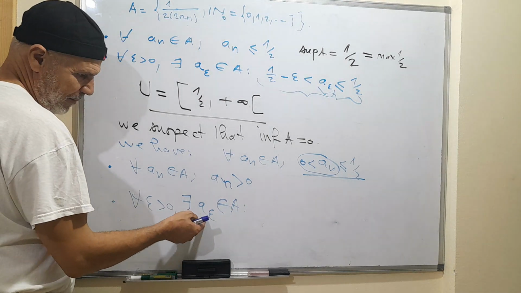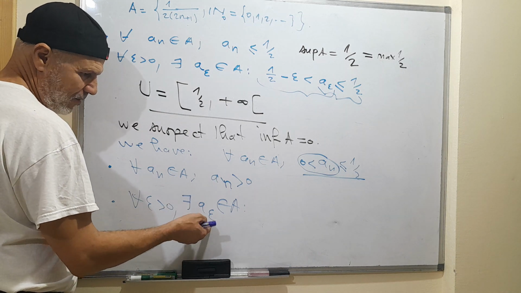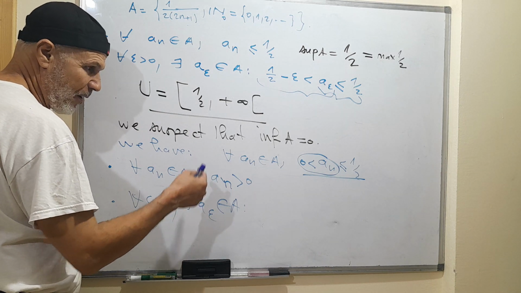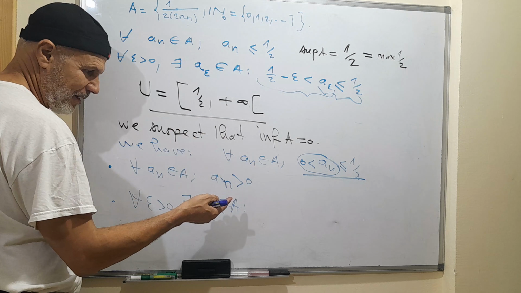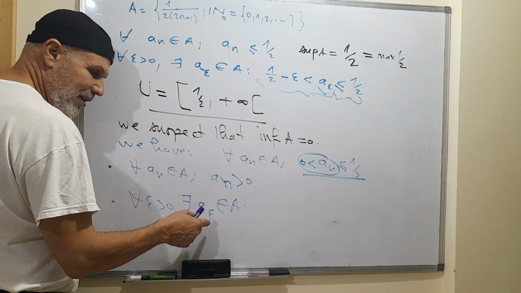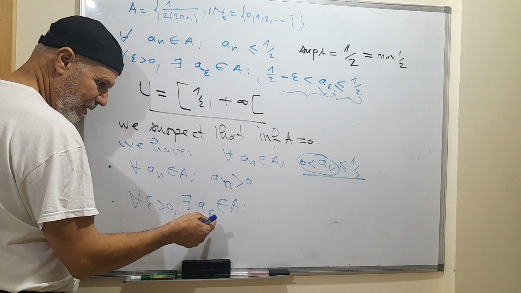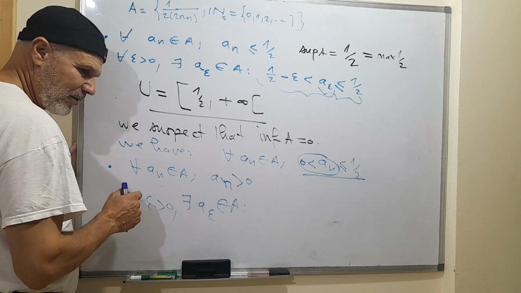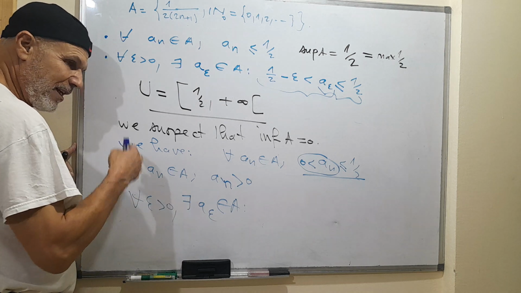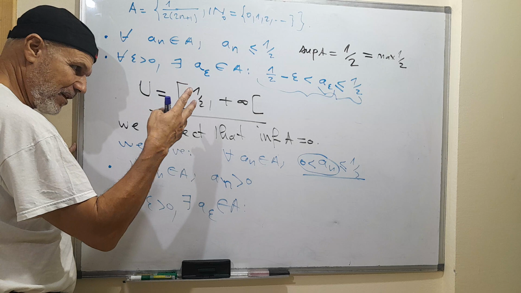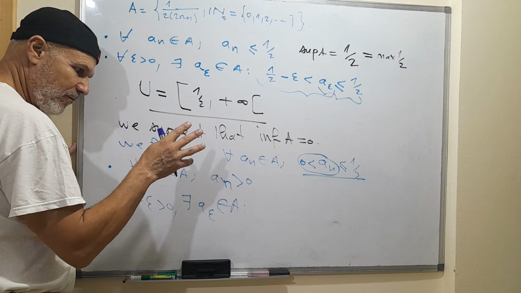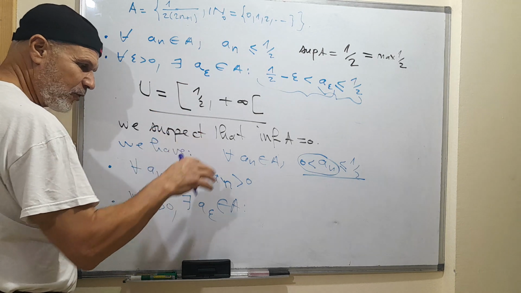Why do we write a_epsilon? Because the n depends on epsilon. The n found, as in the first case, depends on epsilon. The natural number was less than a real number relative to epsilon.